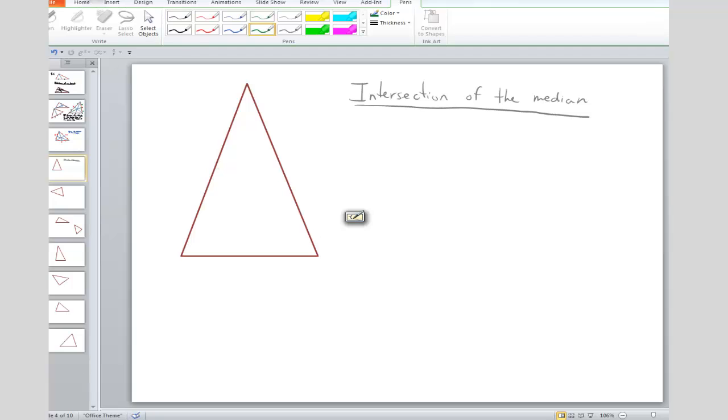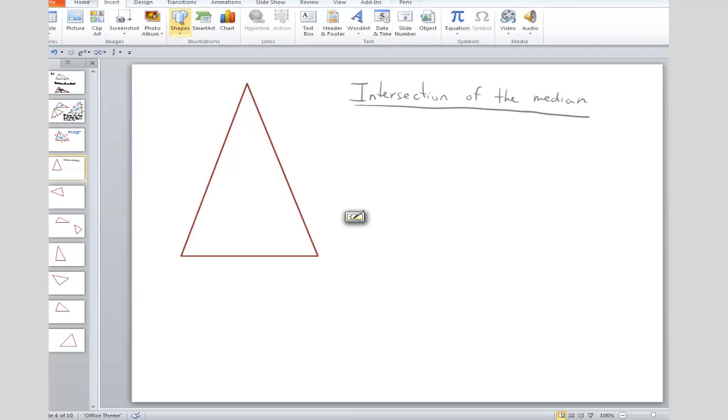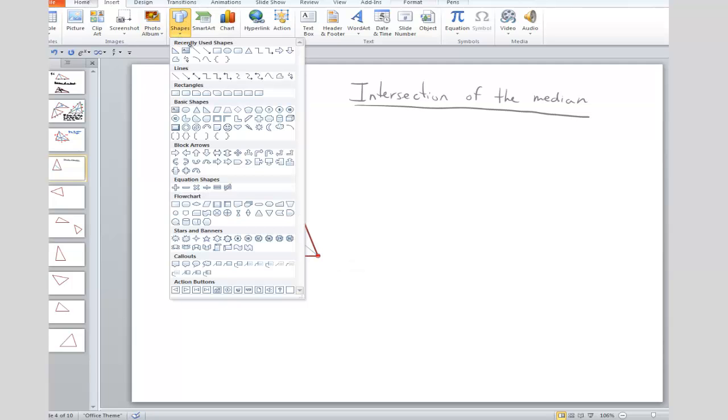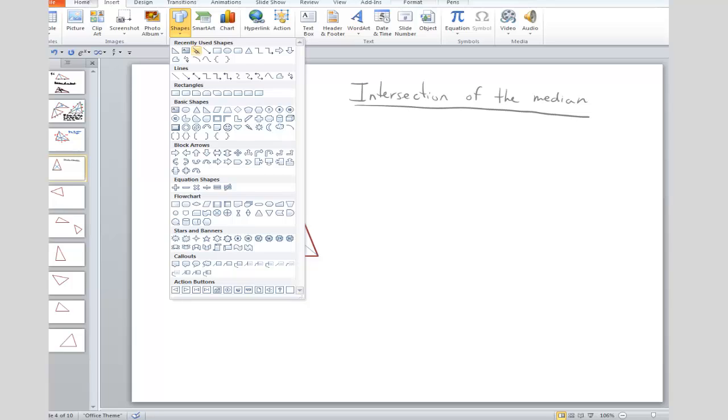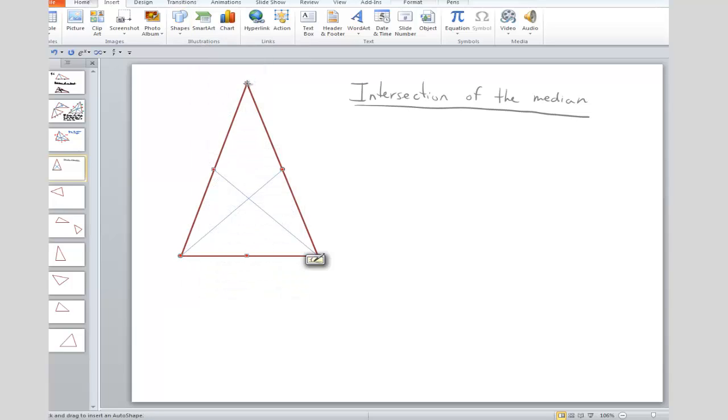Let's take our line tool here, and we'll just try to do it as best as possible. Go from the vertex to the center. It looks like it has a nice little dot for me already. And lastly, a vertex to the center.